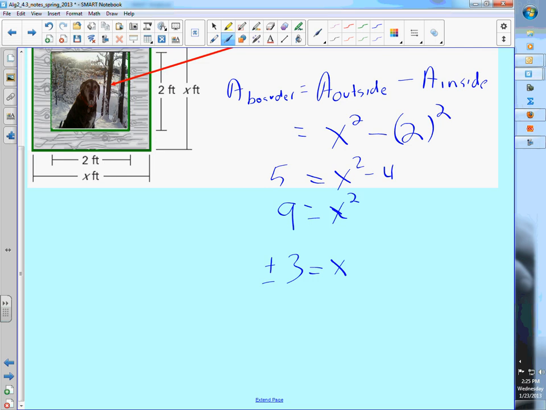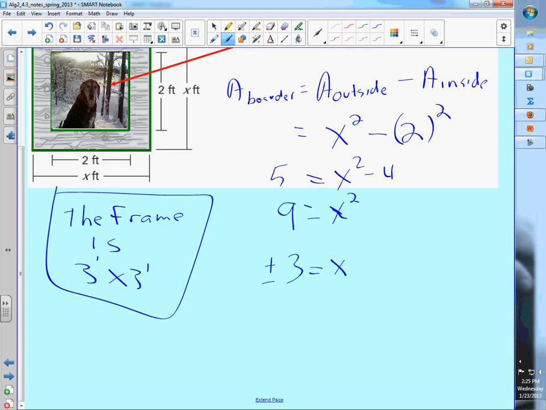I'm not arguing with you, but when you solve for x, you better get plus or minus 3. And then when you give me the answer, the frame is 3 feet by 3 feet. It's your answer, because you can't have a negative distance.